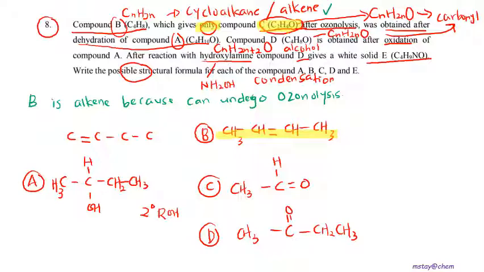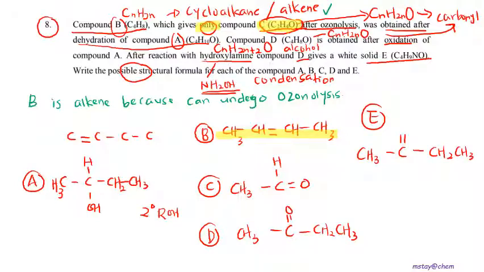So this compound D is going to react with NH2OH. As we know, the oxygen of the C=O will be taken out. Sorry, the double bond is still maintained, but we take out the oxygen because this is a condensation process.